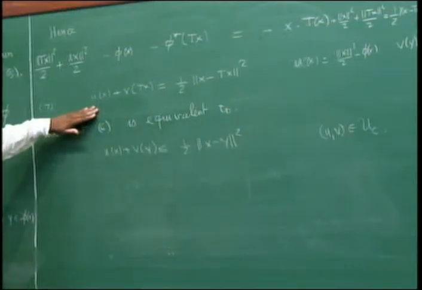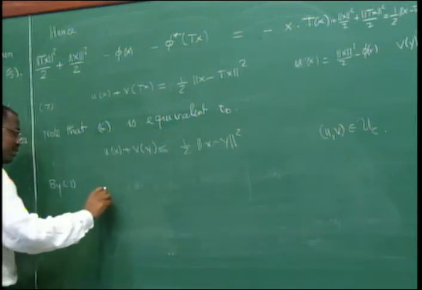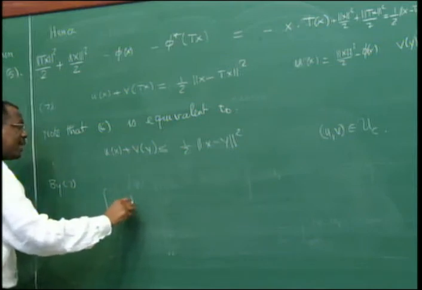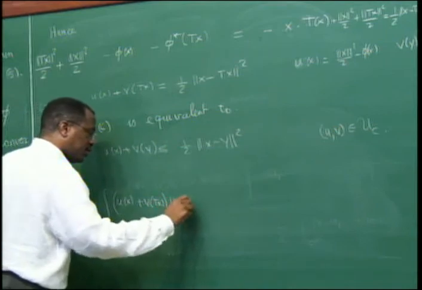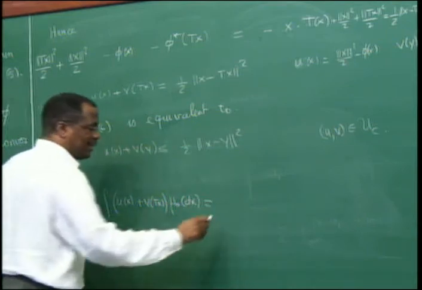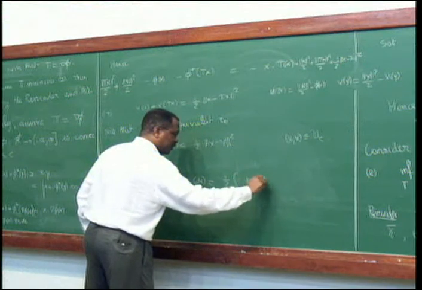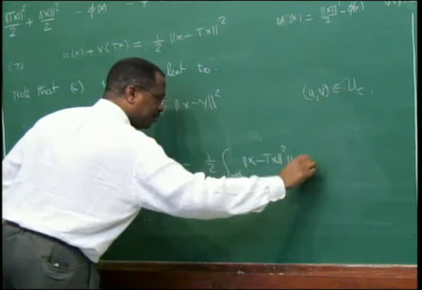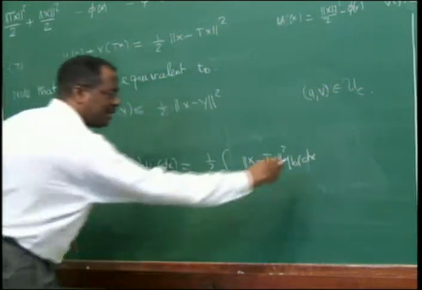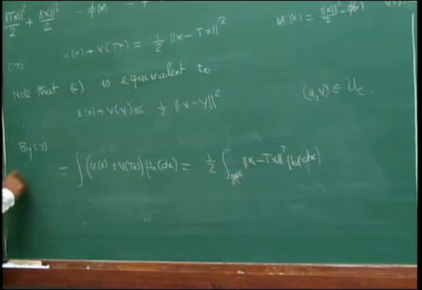That implies by (7), if I integrate u of x plus v of T of x against mu naught dx, I get one half the integral over R^d of |x minus T of x| squared mu naught dx. But if I use that T pushes mu naught forward to mu1, I see that this is J of (u, v).